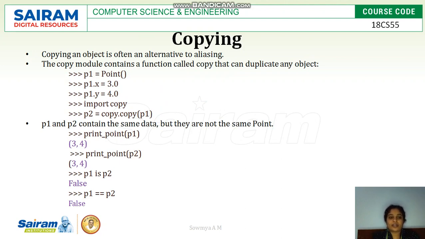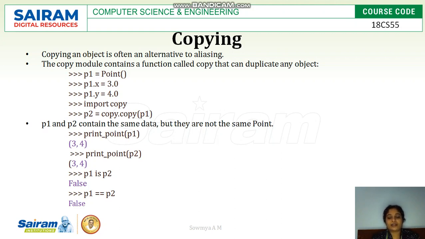We all know we can copy a variable. If I have a variable named A, the value inside it can be copied to the variable named B. In the same way, we can copy the value from one object to another object.